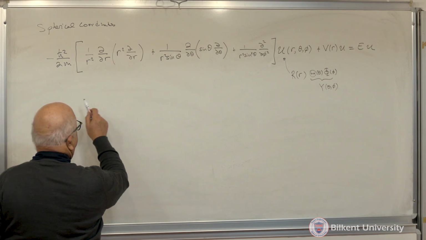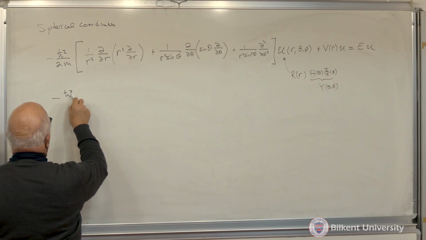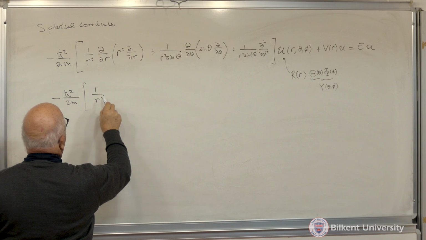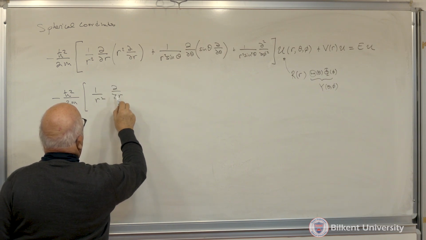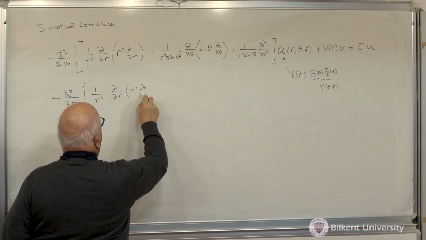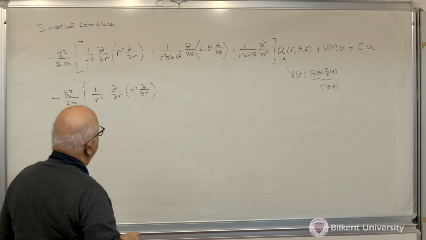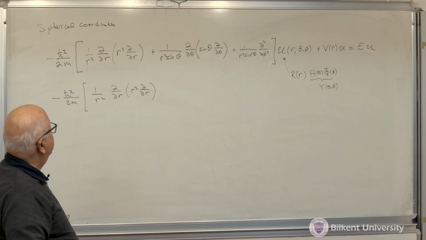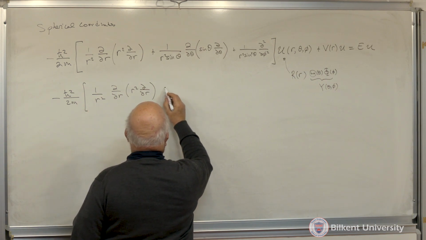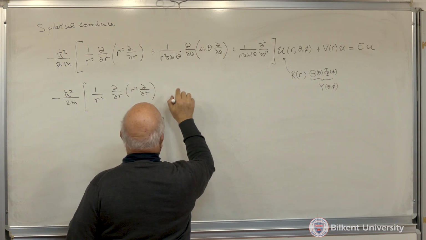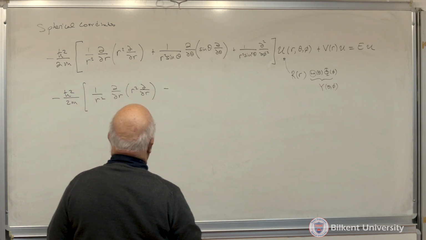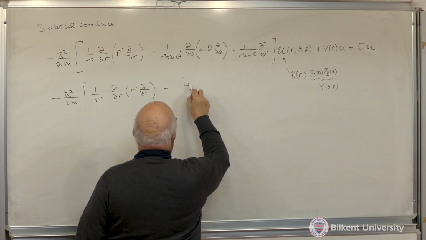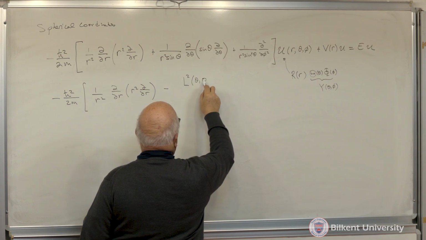So let me just rewrite the equation doing that. Minus h bar squared over 2m, 1 over r squared del r, r squared del r. Then I have this theta and phi part, which I'm going to write as minus some operator which contains thetas and phis in it.